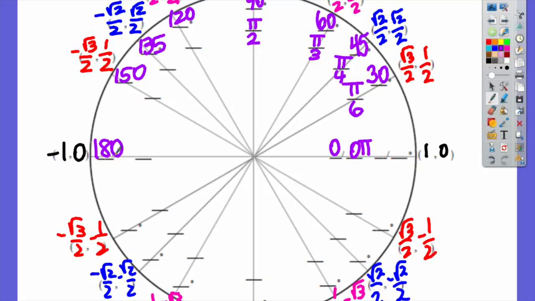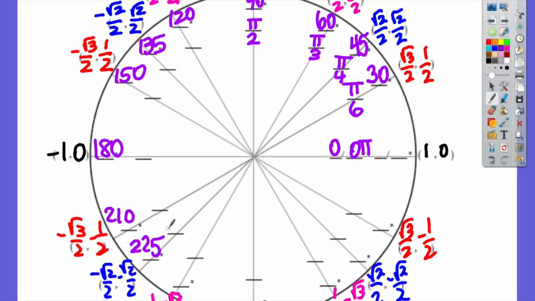Okay? And to be honest, to go straight across here, just add 180 to the angle across from it because it's half the circle. What's 180 plus 30? 210. What's 45 plus 180? 225.